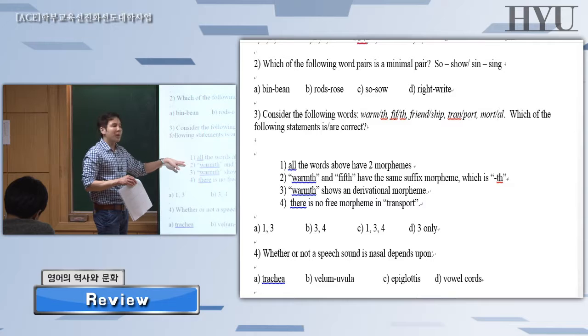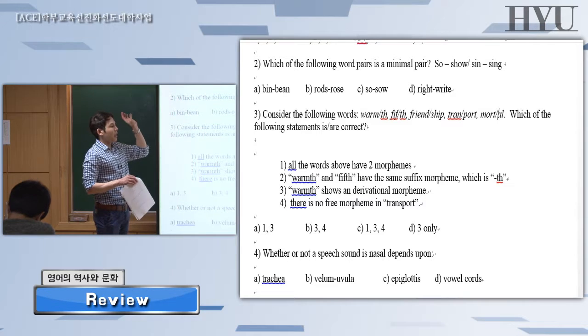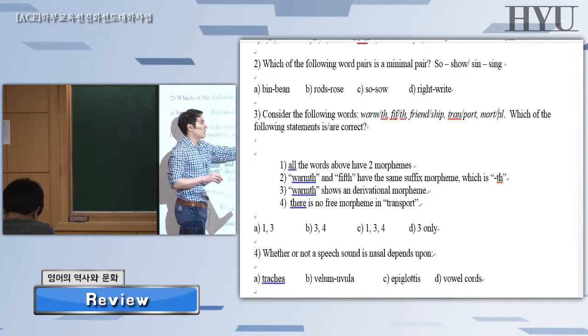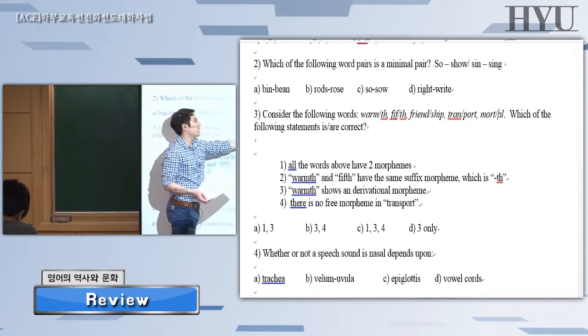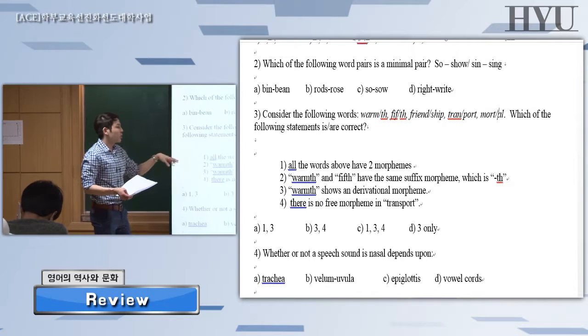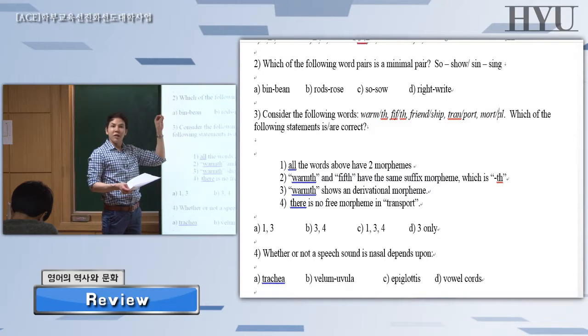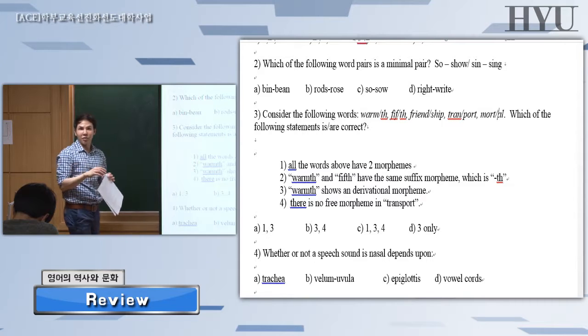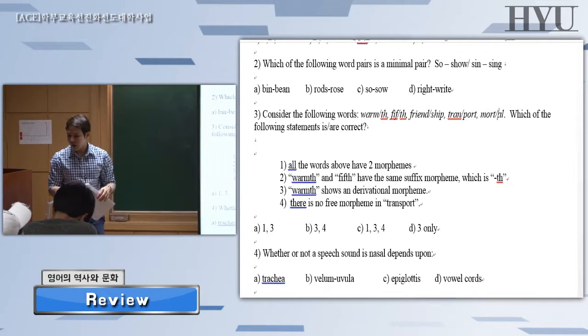This is wrong because even though the TH looks alike, the TH in warmth is a nominal suffix and the TH in fifth is not a nominal suffix. So this is not correct. So again, a morpheme depends on the meaning, right? And if two morphemes look alike, but they don't share the same meaning, they're not the same morpheme. They are different morphemes. So 2 is wrong, okay?